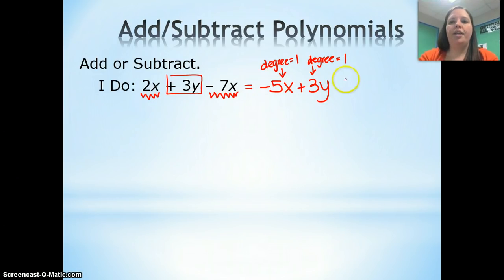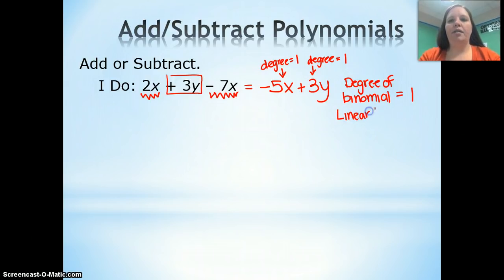The degree of the binomial, because this has two terms, is the highest degree overall, which is 1. So you would call this a linear binomial. You just have to interpret what each of those is referring to. The linear is talking about the degree. The binomial is talking about how many terms.